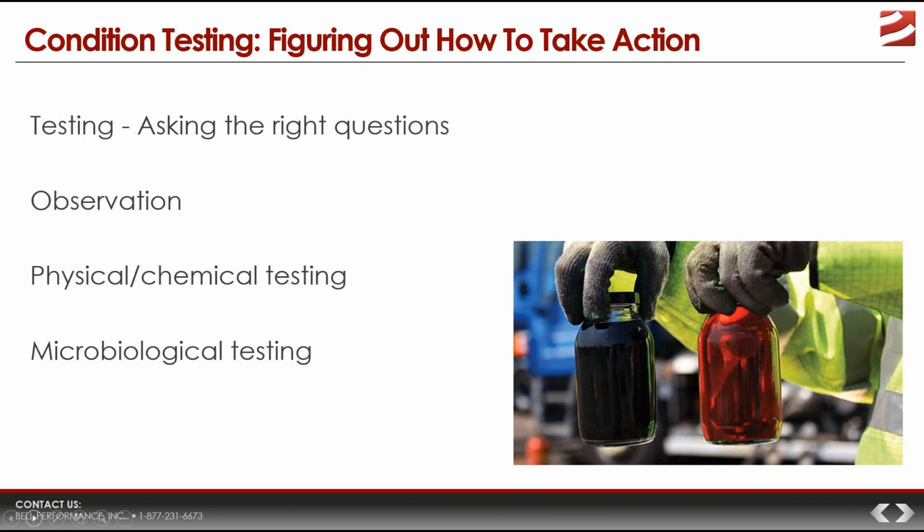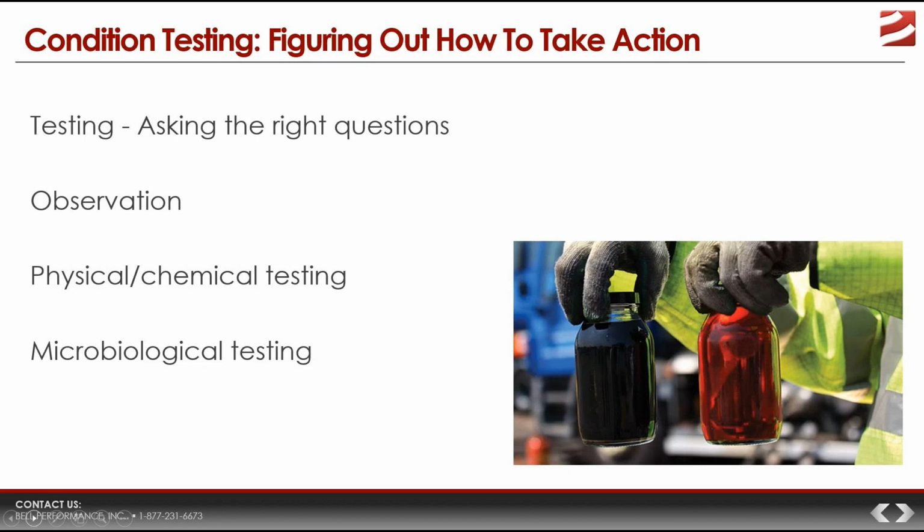So these are the kind of considerations that fuel microbiologists hope to clarify as they move into this field of condition testing. Now, for condition testing, there are 4 broad categories that will give us the information that we need. The first one is gross observation. Second one is physical testing.